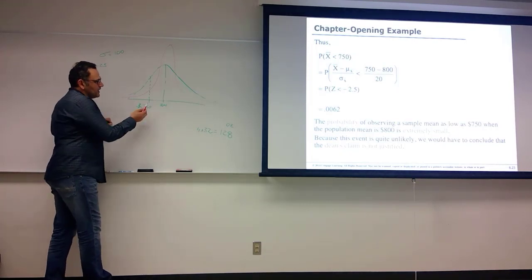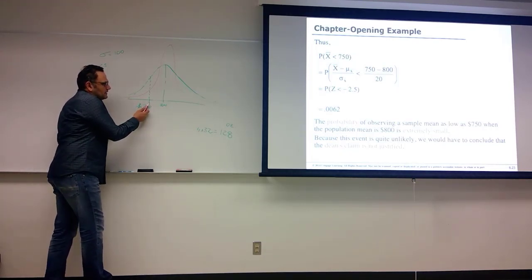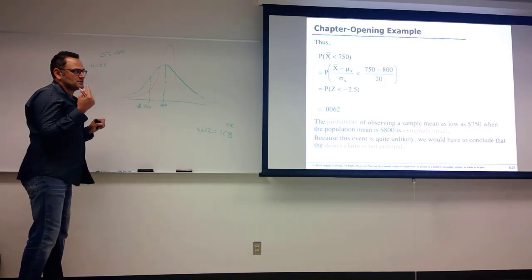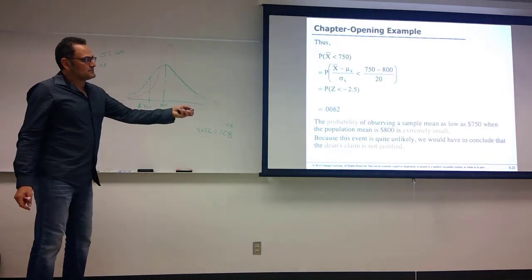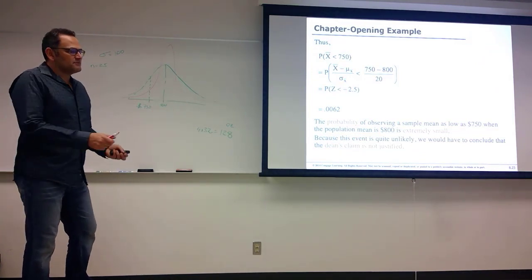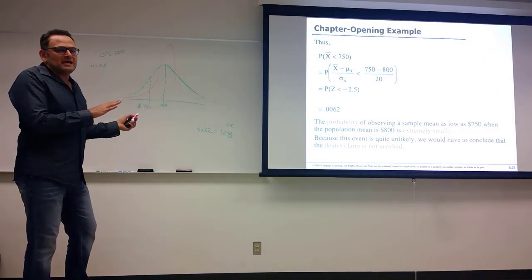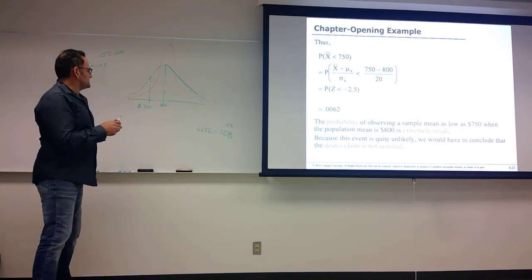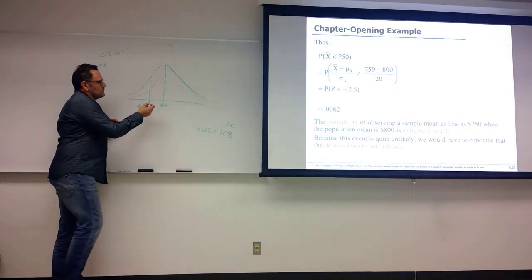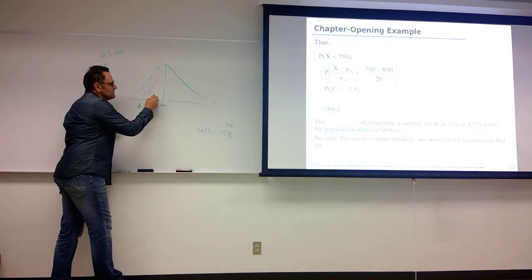Now we are kind of far off. Taking into consideration that the sample size is 25, you are exactly 2.5 standard deviations away. If it was only a sample size of 1, it was only half a standard deviation away. But with a sample size of 25, we are 2.5 standard deviations away.